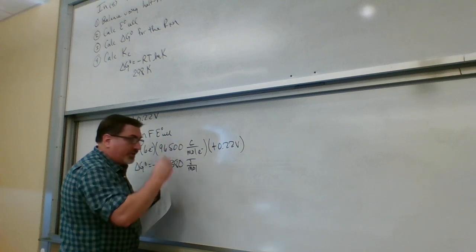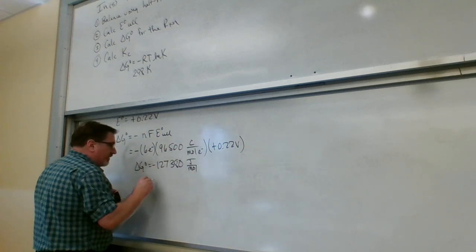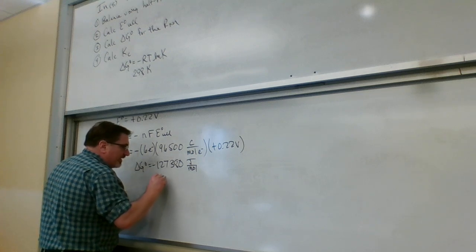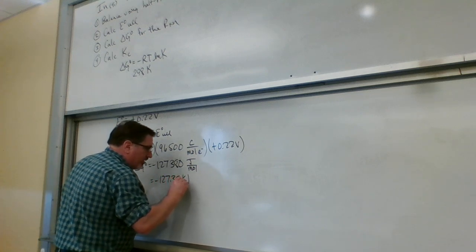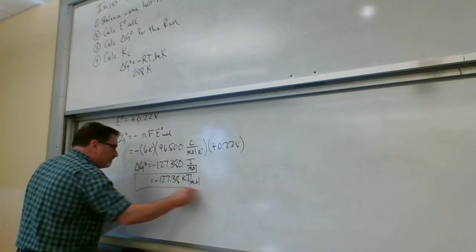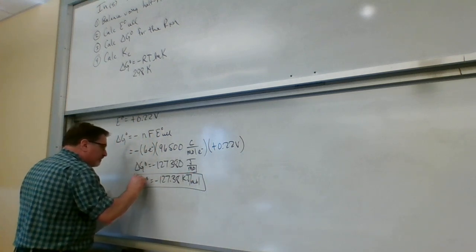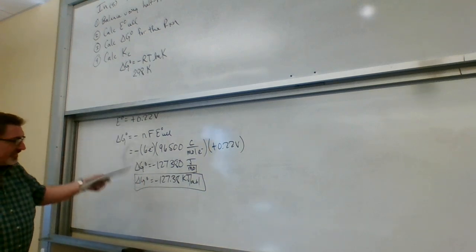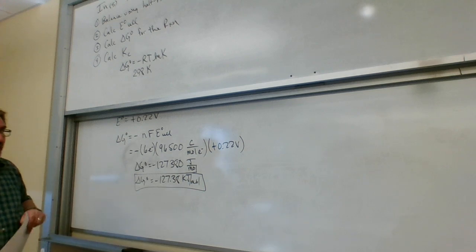We were asked for kilojoules per mole, so we moved the decimal point 3 places. So that's minus 127.38 kilojoules per mole. Positive E0 gives us a negative delta G, both spontaneous.